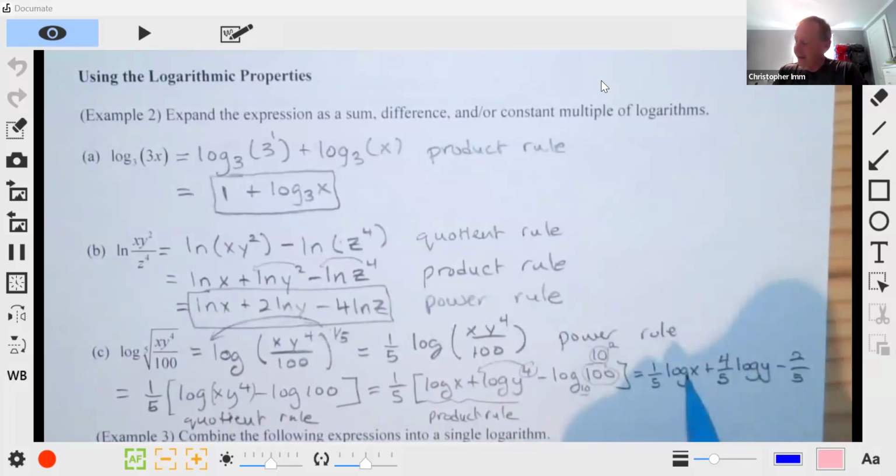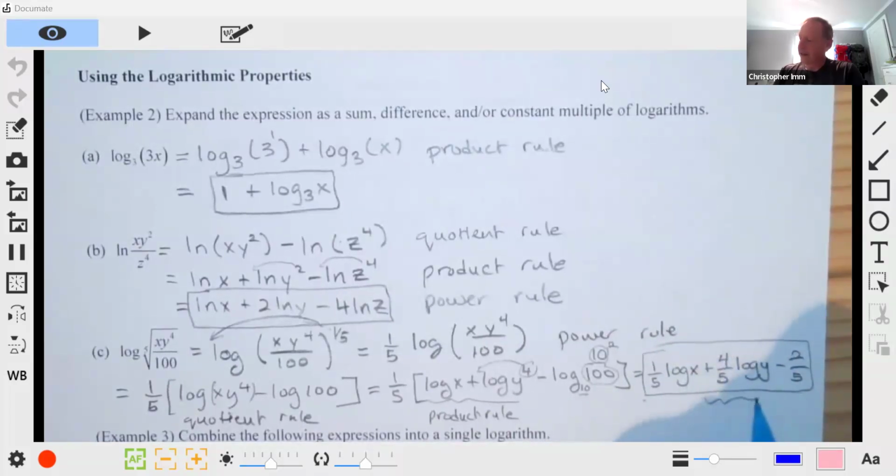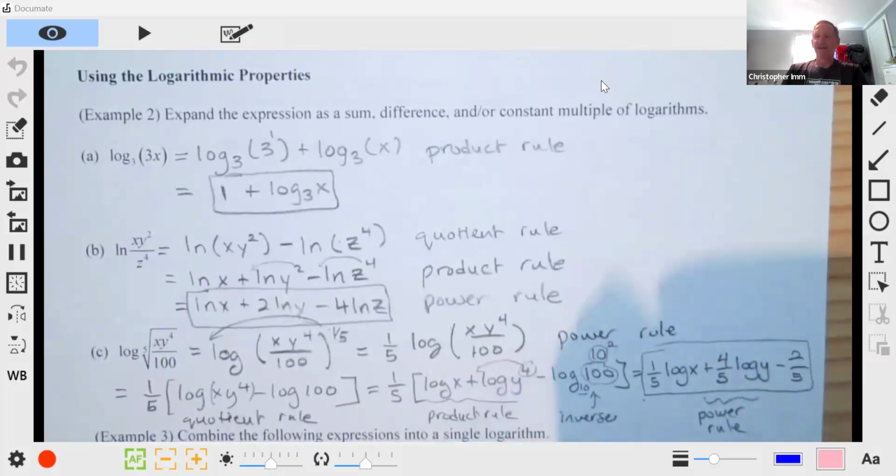So in this last step, and that's our answer, I used the power rule here, and then this was just the inverse definition.